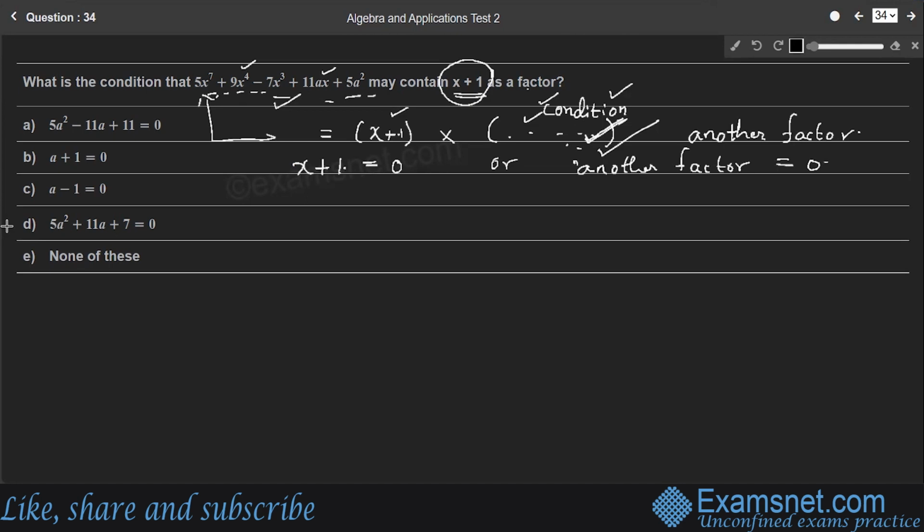Therefore, we can equate x + 1 to 0, which implies x is equal to -1.